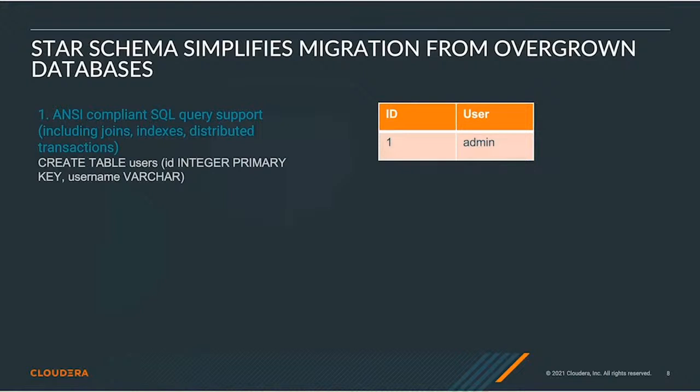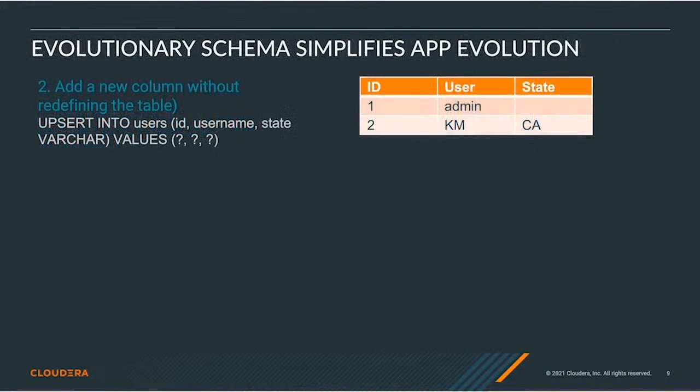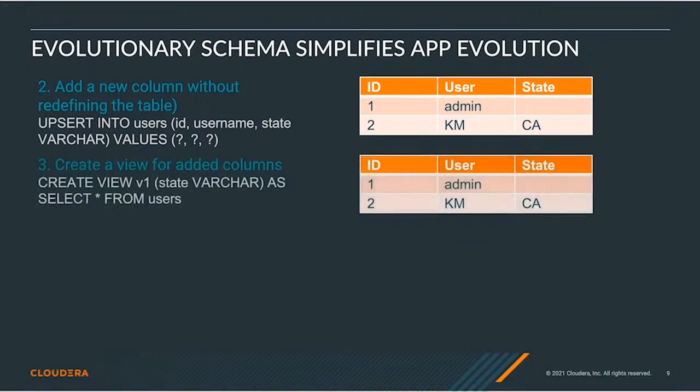We'll start by creating a table that has an ID and a user. We populated it with one and admin just to show you what this would look like. Now, if we wanted to layer an evolutionary schema, we can just insert into this, adding a column, state, which was not defined in the table. We just defined it on the fly.